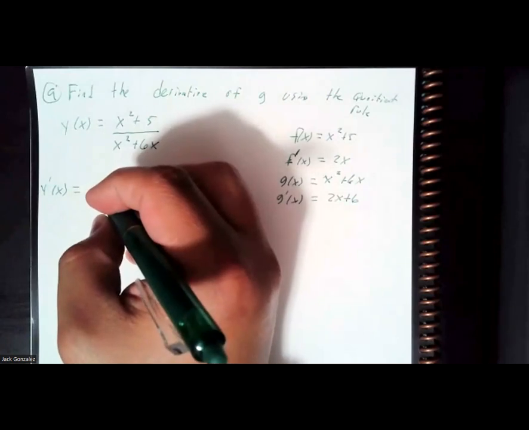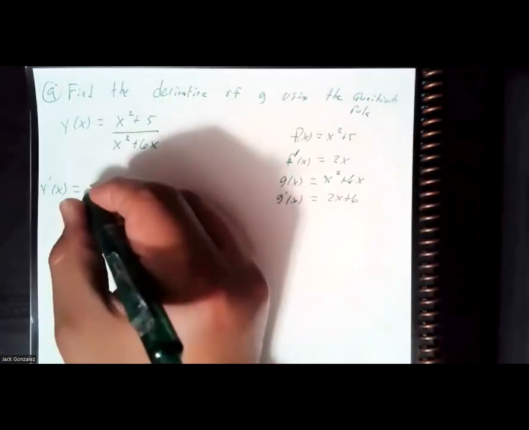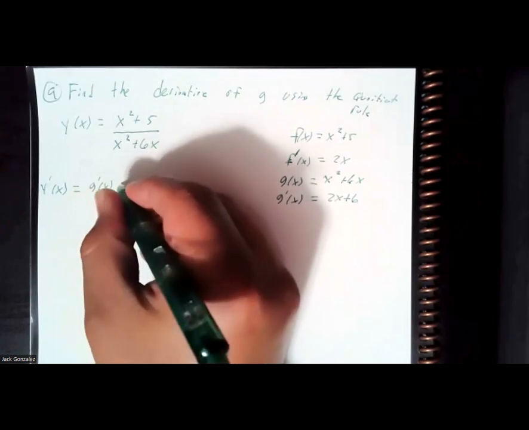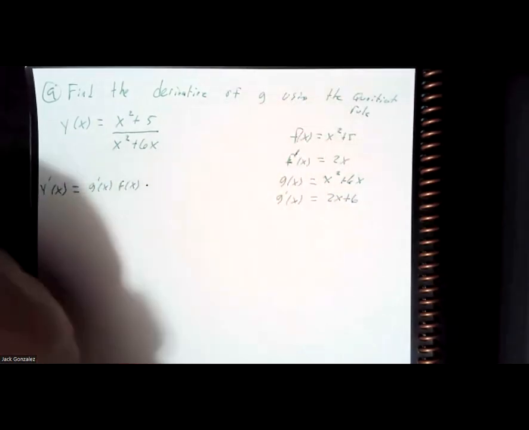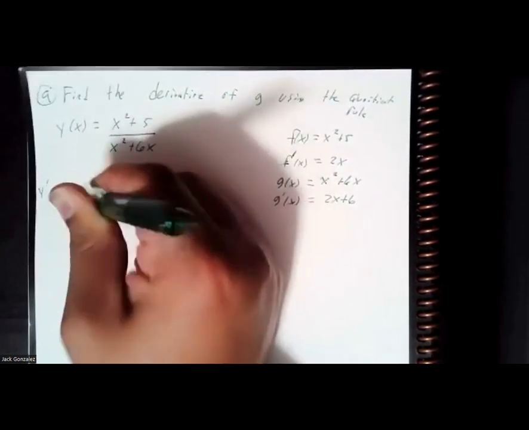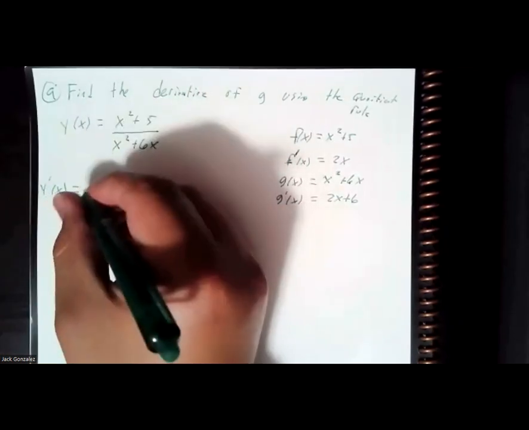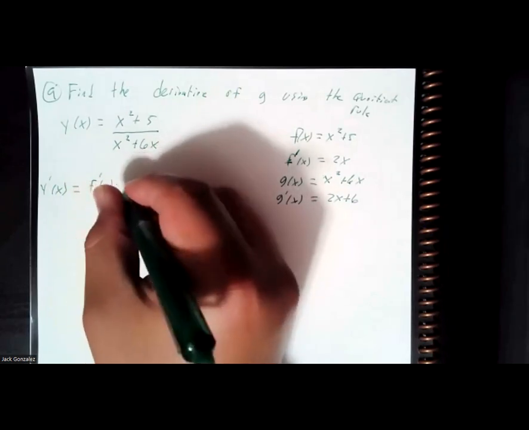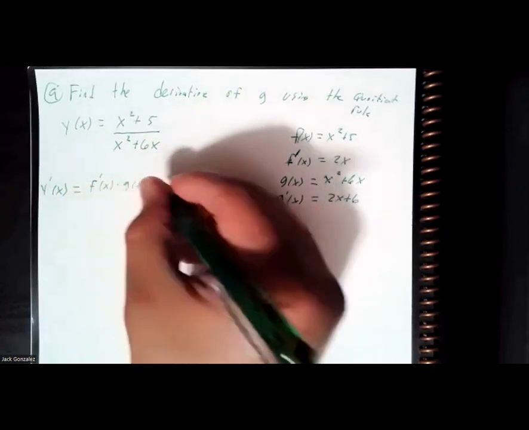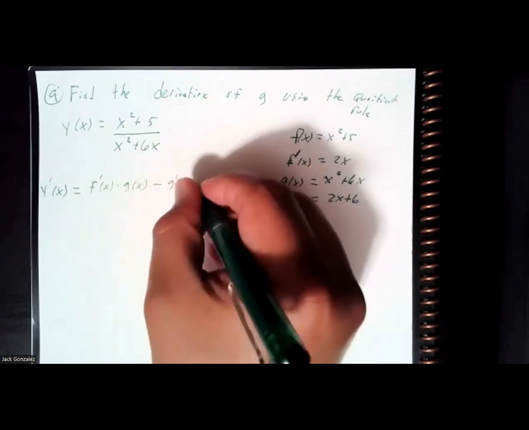It's going to be g prime times f. No, no. Because it's f prime times regular g, and then minus the g prime times regular f.